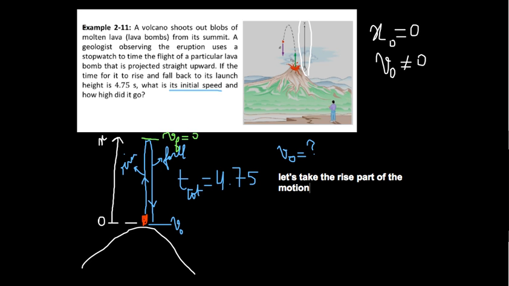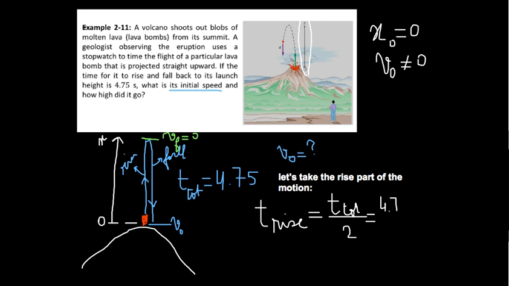In the rise part, I have v0, which I need to find. And what is the time of the rise? Well, the time of the rise is half of the total time. So the time of the rise is the total time over 2, because it goes up and goes down, so 4.75 over 2. This will give me the time for the rise motion.